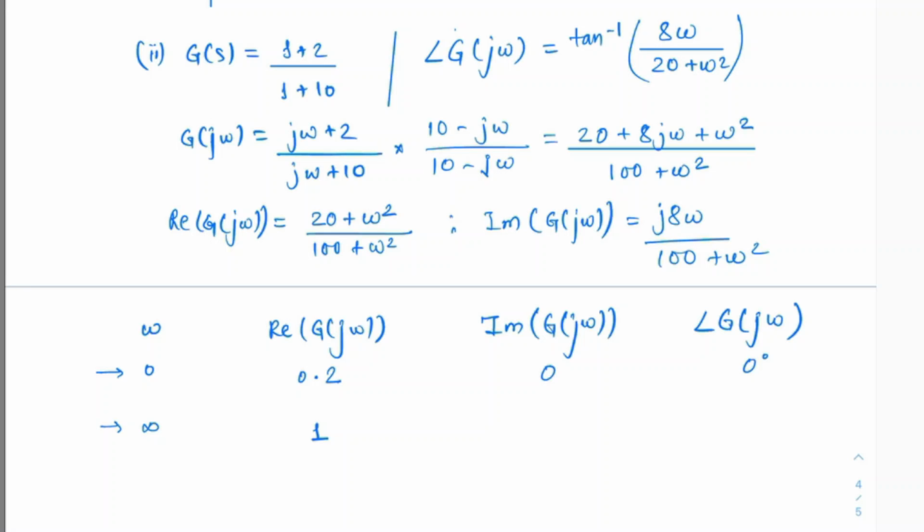Similarly, if we put infinity here, it would be infinity by infinity, and after applying L'Hospital, we end up getting 1 omega term in the denominator and a constant in the numerator. So when omega tends to infinity, this would be 0. The same story applies to the limit in the angle term, and we would get 0 degrees as the angle.